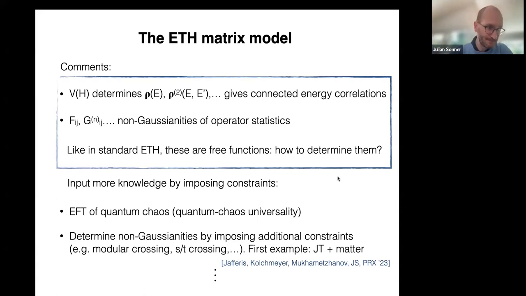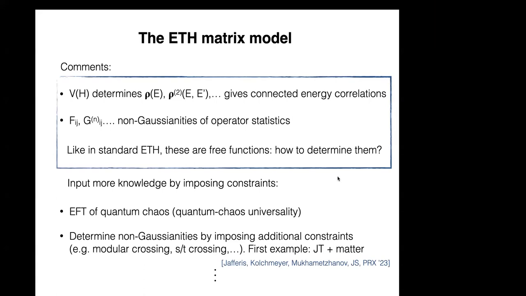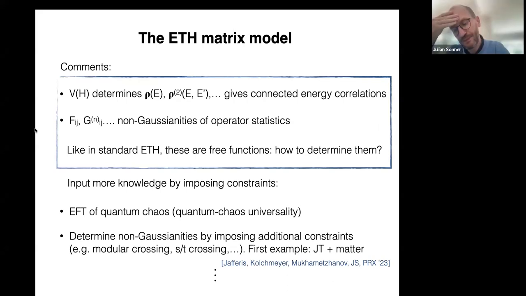There was a question, right? Yes, sorry. I was wondering about the non-universal sector. If I think of a many-body model, it has also a non-universal sector. So this ETH matrix model will be strictly valid only after the Thouless time, right? Or how would one incorporate the non-universal? No, yes, I would not fully agree with that.